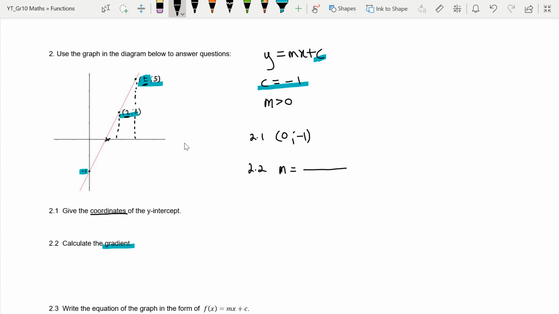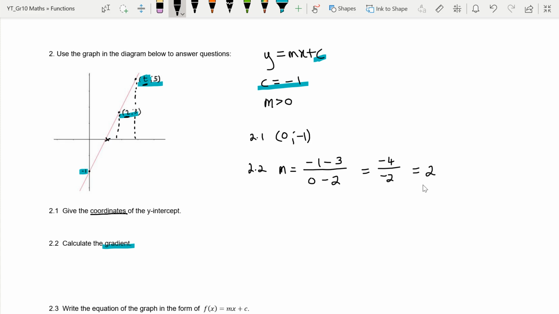So we are going to use the point 2 and 3, and then the point 0 and -1, the y-intercept. If I get the change in my two y values, it will be -1 take away 3, and then 0 take away 2. If we simplify that, that would be -4 over -2. And if we divide those two, it would give us a positive, +2.